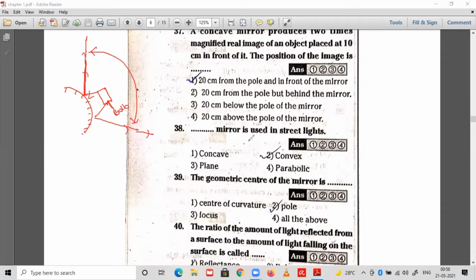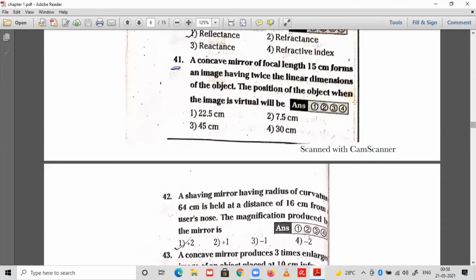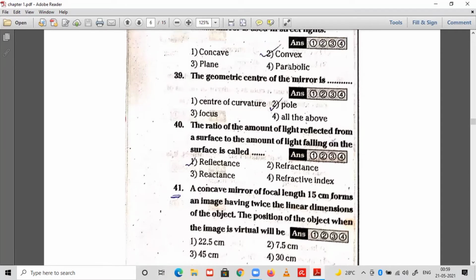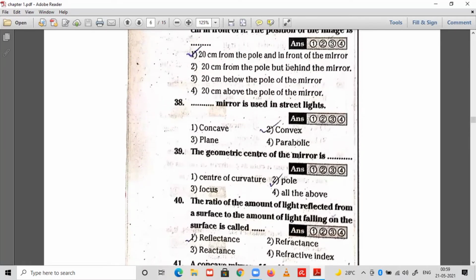That's why we use a convex mirror in the street lights. If you place a convex reflecting surface, the light will be extended to a large area.